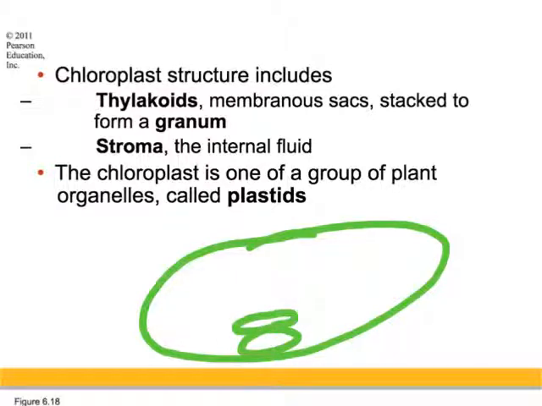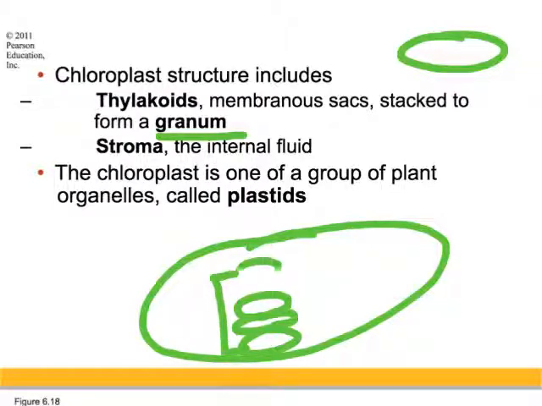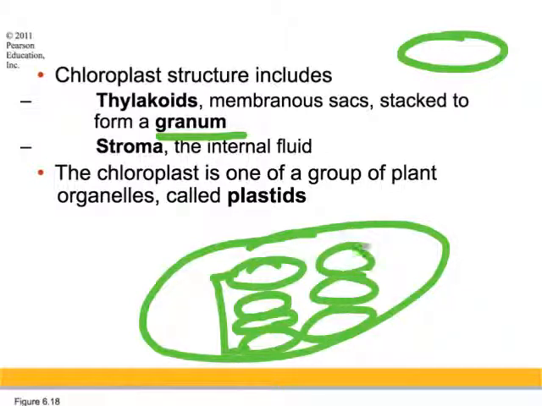So, a thylakoid is just an individual green Oreo, and a granum, or grana, is going to be a stack of green Oreos. And they're connected to each other by what I think of as little hamster tubes, with different connection points from one thylakoid to another.